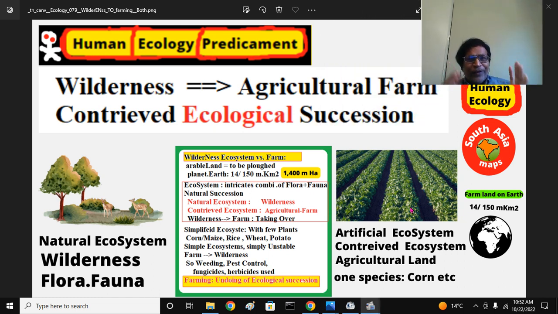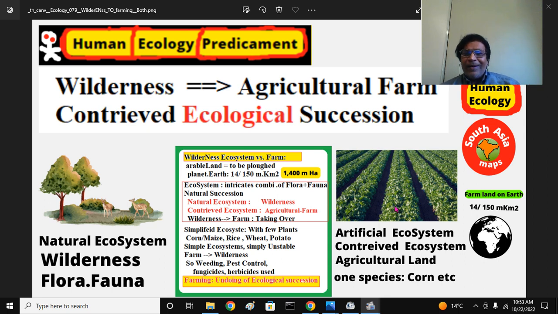Why are they artificial ecosystems? Suppose you plant corn or maize or rice and wheat and just go away, and come back after a month or so. Most of the land will be occupied by weeds. It is no more wheat or maize; half of the plants will be weeds.